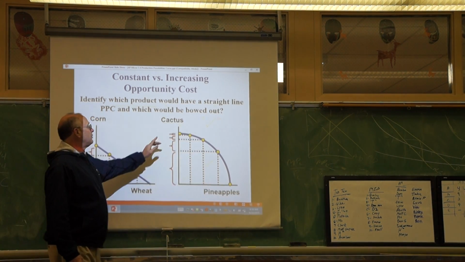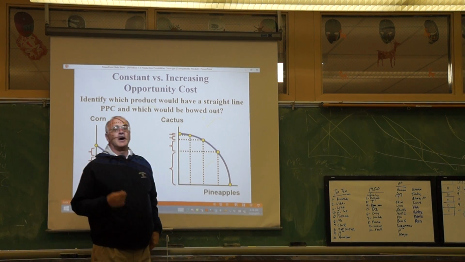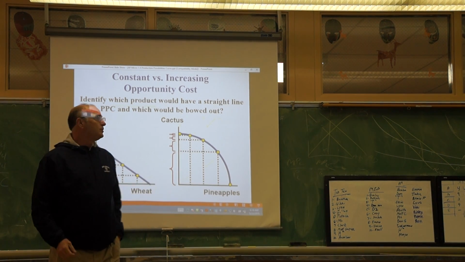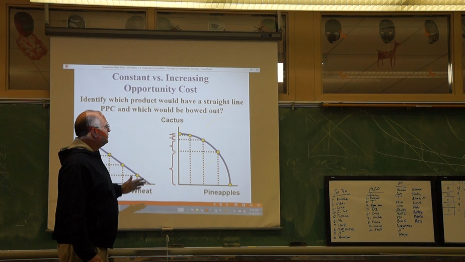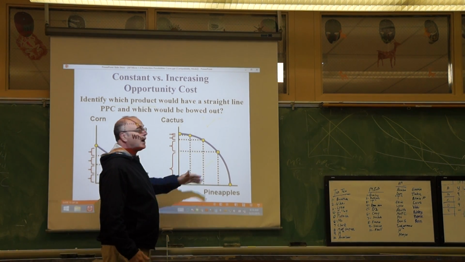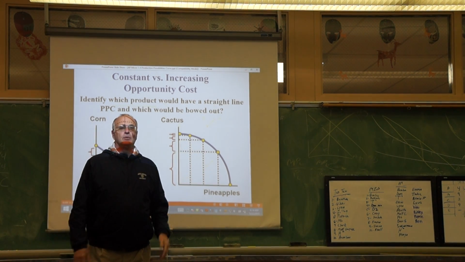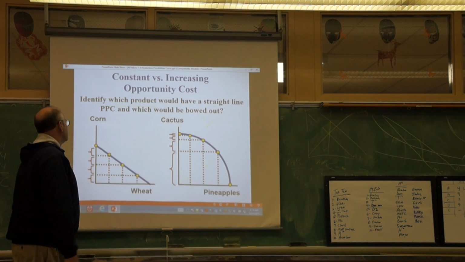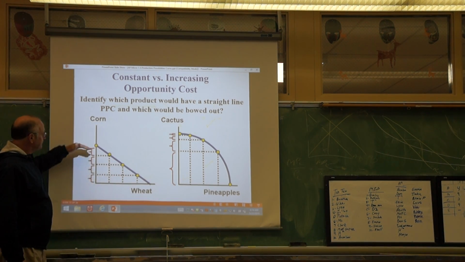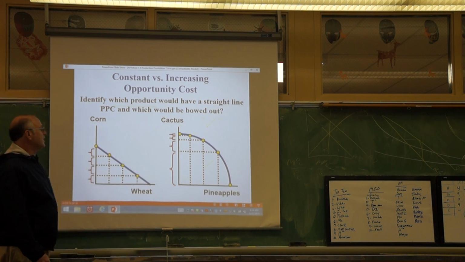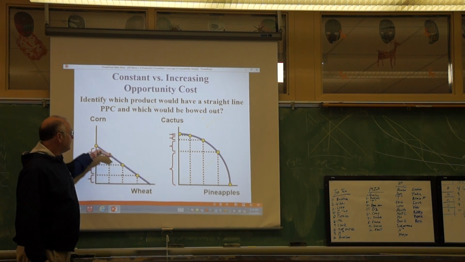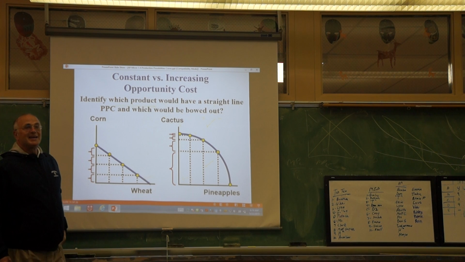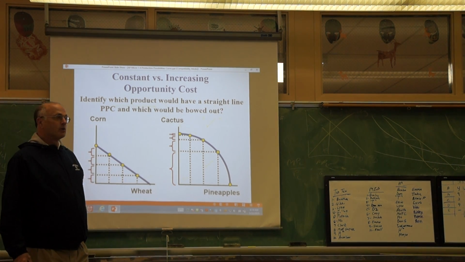Now, when you have this bowed curve, you have what we call increasing opportunity cost. As you are producing more pineapples, it's costing you more cactus. So that's the bowed curve. Over here, we have a straight line. Whenever you see a straight line, that is a constant opportunity cost.